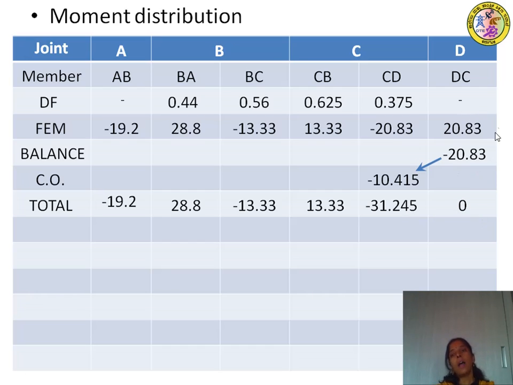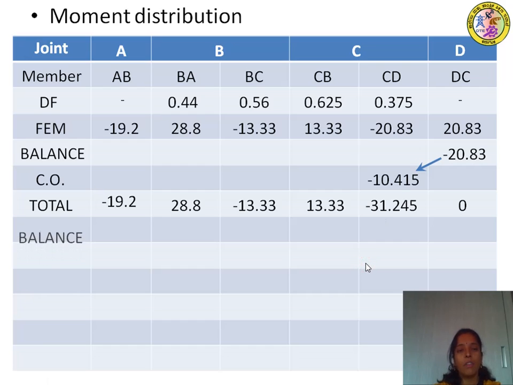So now we have balanced joint D. In the next steps we should not look into this column D. The only thing we have to do is balance joint B and joint C. So the next steps are as usual, balancing and carryover, balancing and carryover.